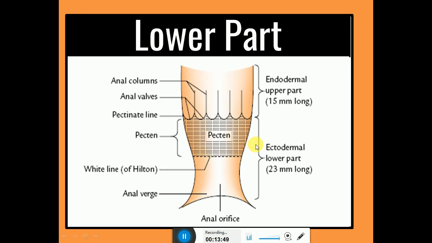This originates from ectoderm. The mucous membrane present in this region gives a bluish appearance, and this bluish appearance is because of the venous plexus present in this region.